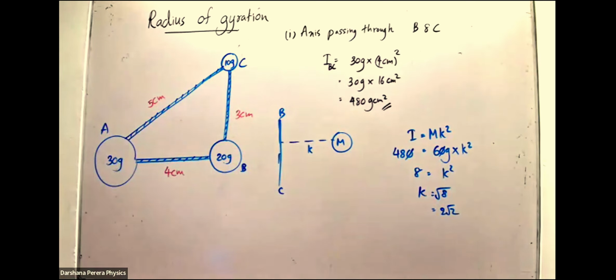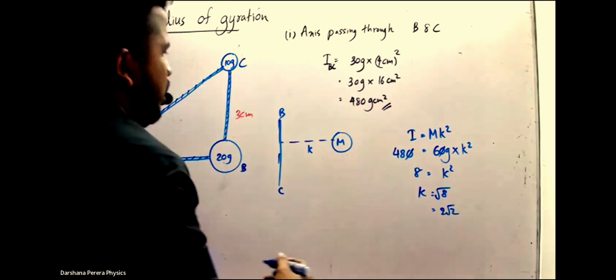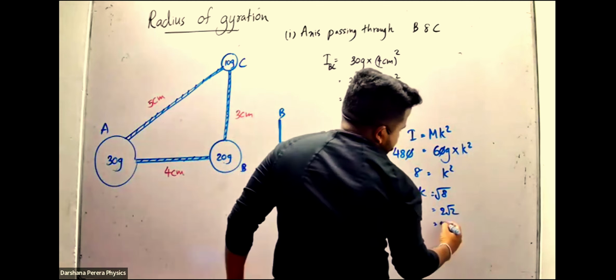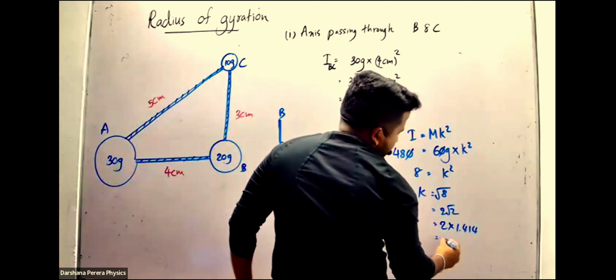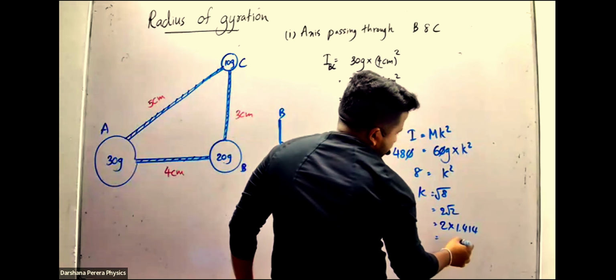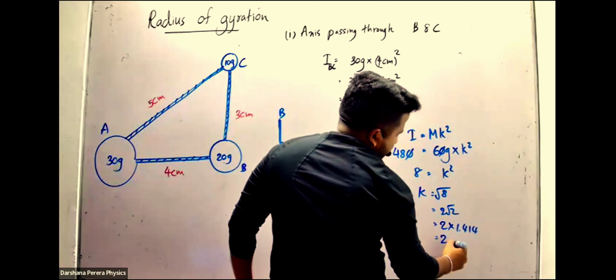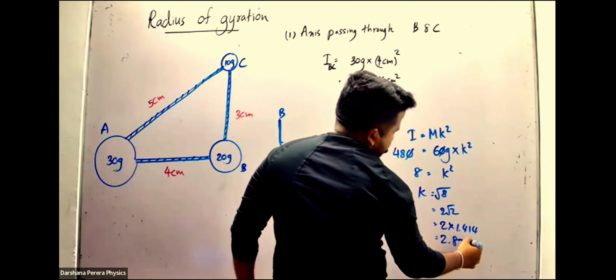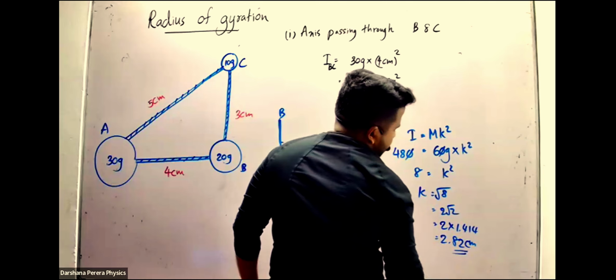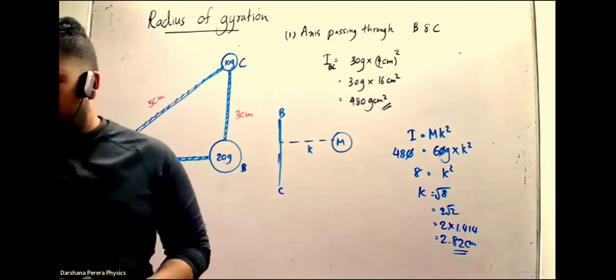Therefore, the value is 2 into 1.14, that is 2.82 centimeters around that.